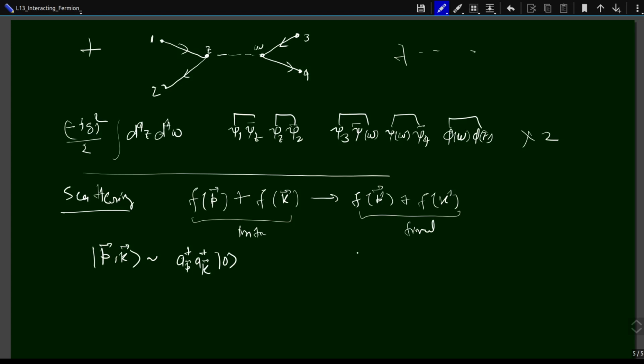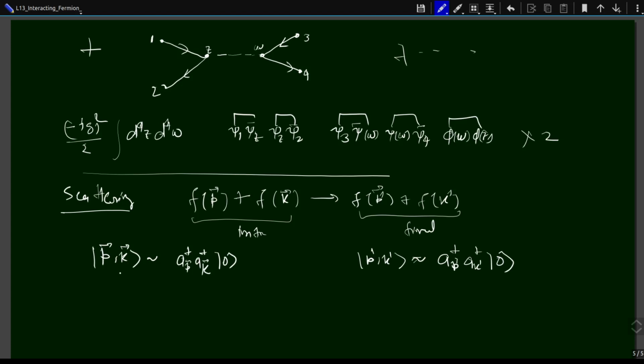Okay, so the P prime and K prime state is defined, up to some numerical factor, as a_P' dagger a_K' dagger acting on the vacuum. So this is my initial state on the left hand side, this is my final state. So what is my transition amplitude?